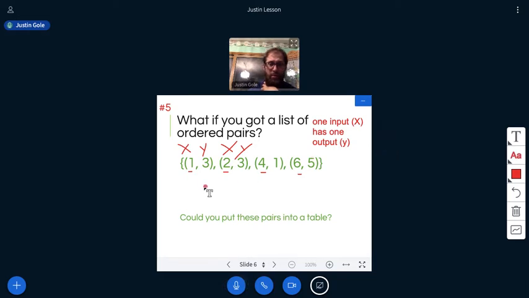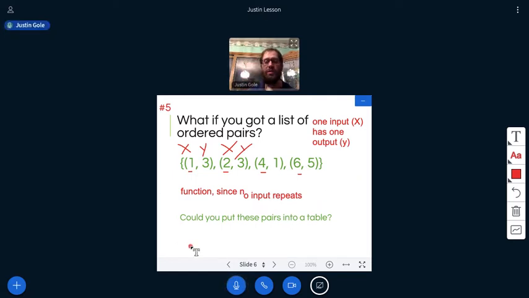So each input, since they don't repeat, has one output. 1 only has one output. 2 only has one output. 4 only has one output. And 6 only has one output. So this would be a function since no input repeats.